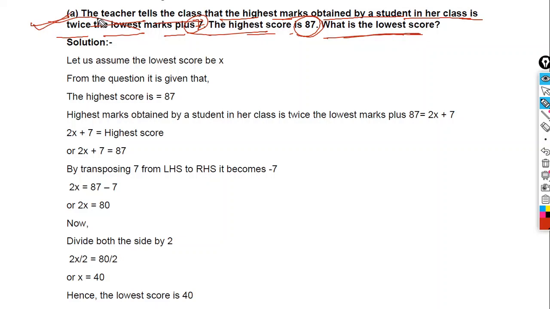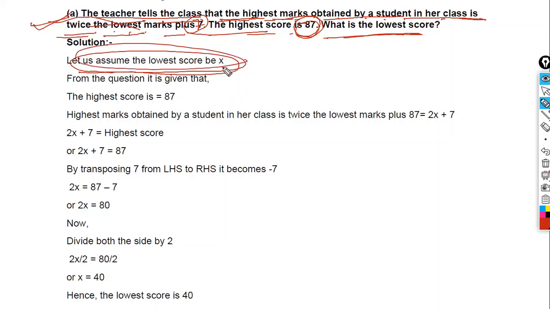Again read the question. The teacher tells the class that the highest mark obtained, we know highest mark is 87, is 2 times the lowest mark plus 7. So let's assume the lowest mark be x.